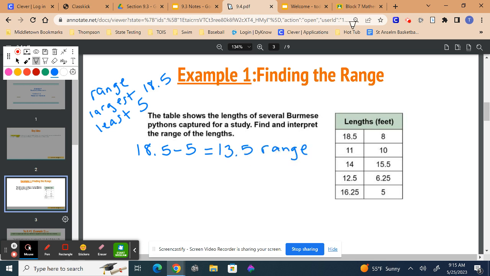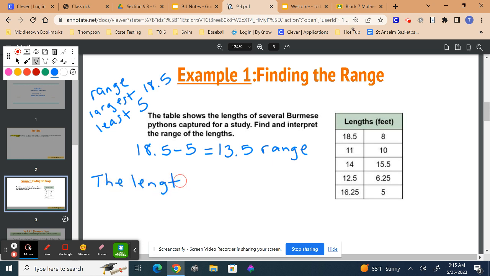Now, you may see the answer, and I think yesterday in try 5 they had range in it. I don't know why, I think it was a glitch. There were two parts to it. It said, what's the range? And then it said something like this: the lengths vary by no more than 13.5 feet.